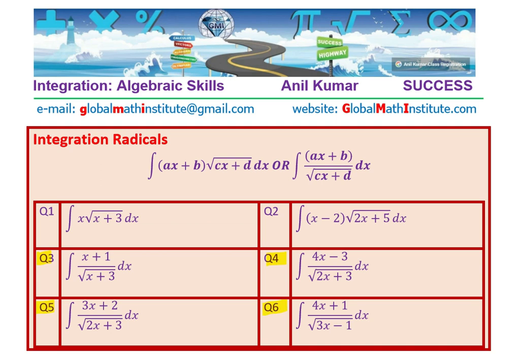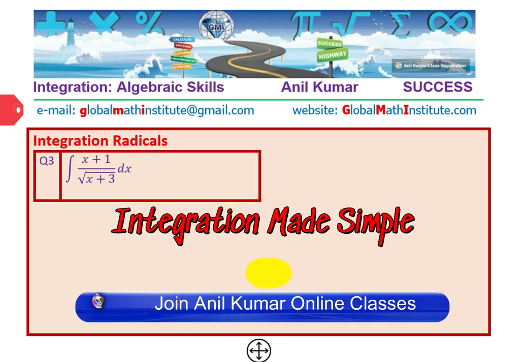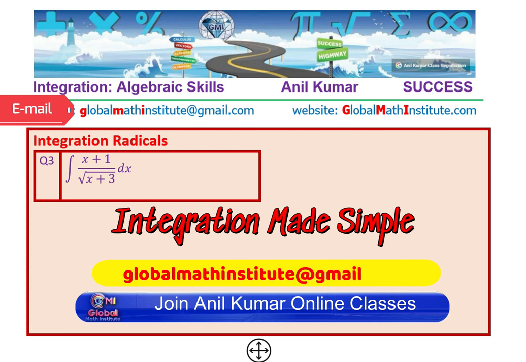In earlier videos, we took up examples with the product of a linear and a radical function. Now we'll consider the quotient of a linear and the square root function. So let's try to understand the strategies involved to solve such problems. We actually make things very simple for you. I hope this strategy helps you understand the complete concepts.